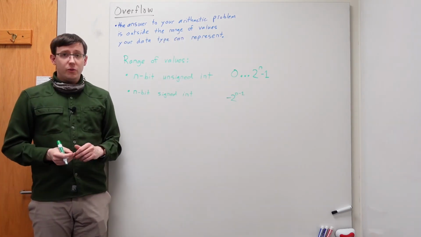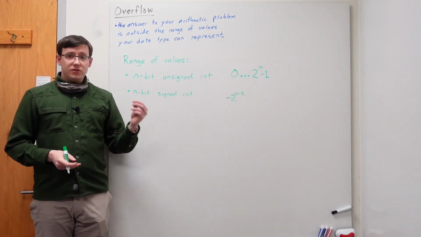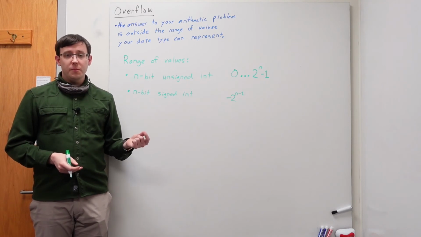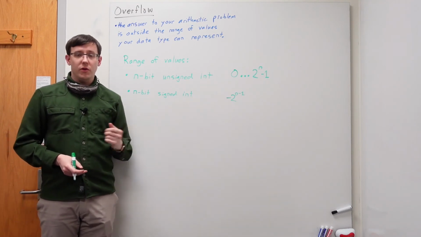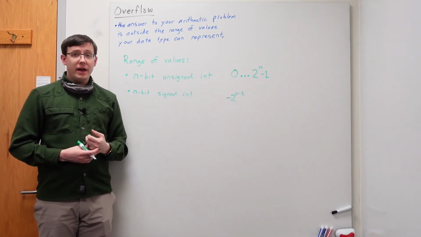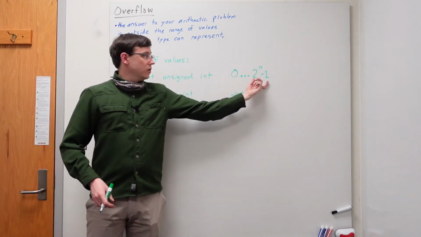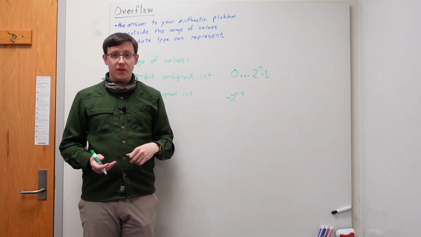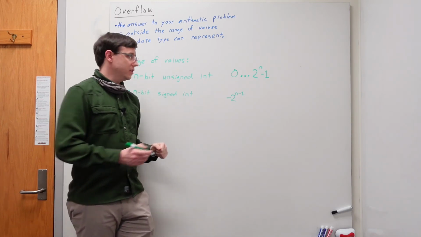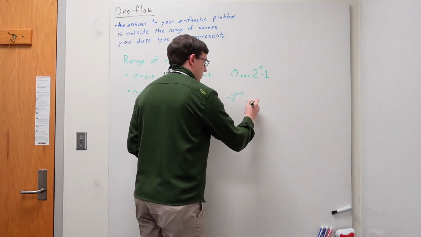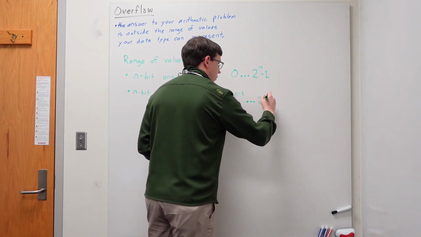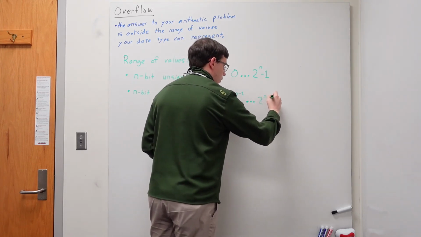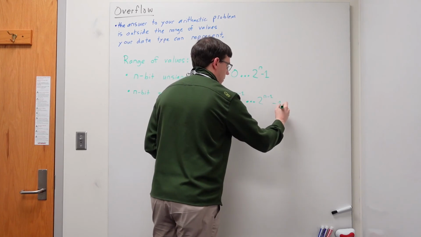And the largest value we can represent has a 0 in the first column and 1s in all of the remaining columns. And so that is kind of like our largest value here, except we have one fewer digit to represent it because we set the sign bit to 0. And so our maximum is 2 to the n minus 1 minus 1.